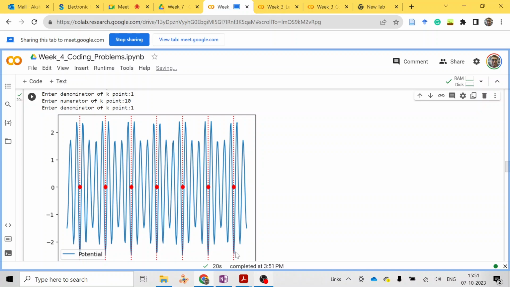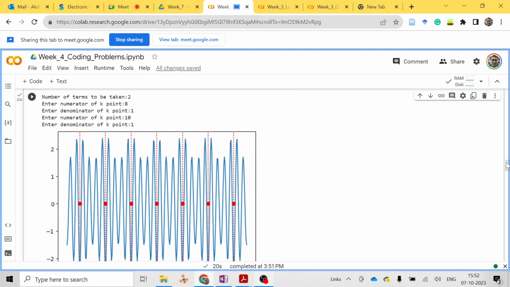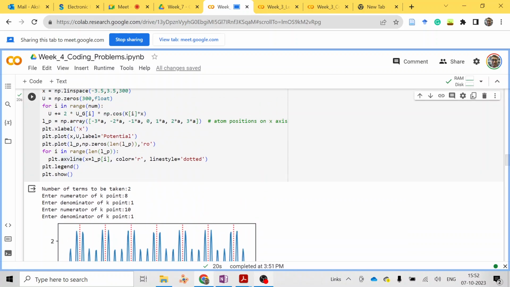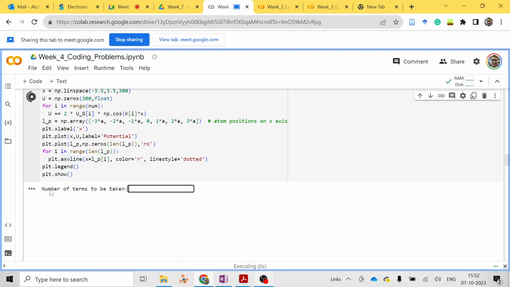The potential is negative, and it is periodic as well. It is periodic within each lattice point, and negative at the atomic positions. So it has the periodicity of the lattice. So yes, with the C option, 8 pi by a and 10 pi by a, that is also a correct answer. Those wave vectors could also be used in the expansion.